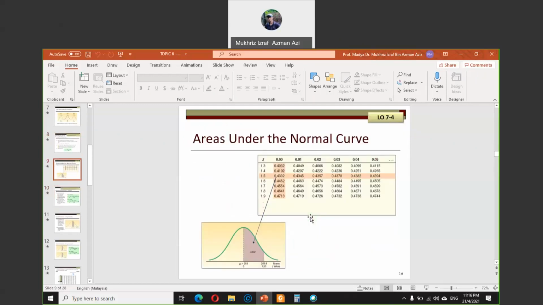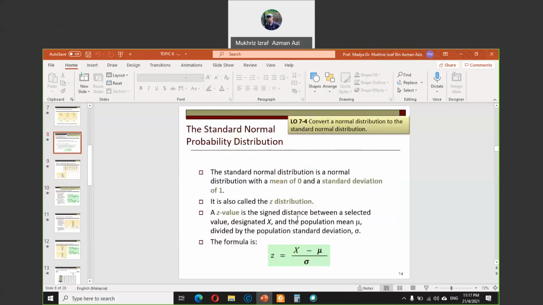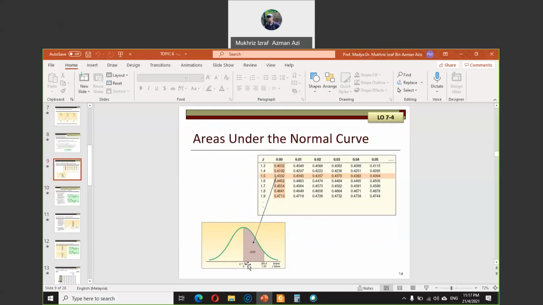In the last class, I showed you how to refer to the table, and bear in mind that the table only gives you the area from 0 to the Z value. For example, if your Z value is 1.50, you are reading from right to left until it stops at 0.